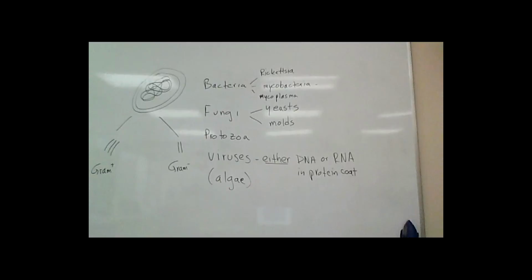The problem is there are thousands and thousands of viruses. As I said, we have DNA viruses, we have RNA viruses. We have viruses that reproduce by first starting with copies of RNA and using that to make copies of DNA.